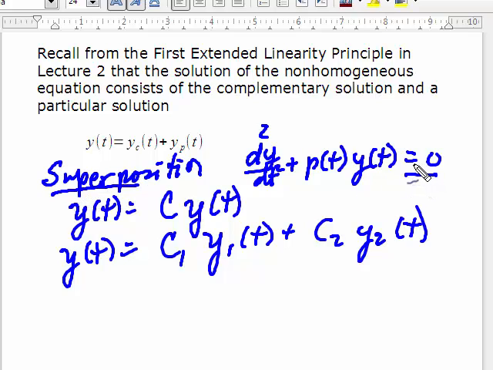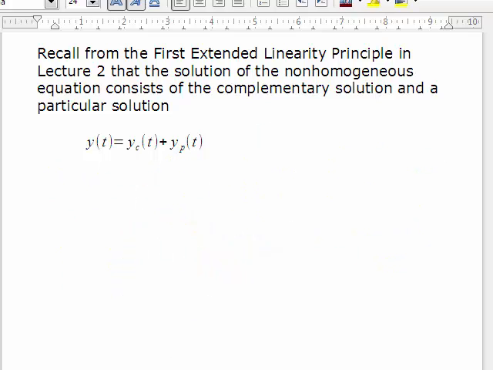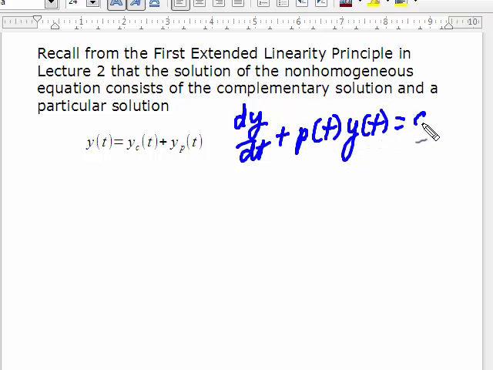If it's not a homogeneous equation, we had two other principles of linearity called the extended linearity principles. The first extended linearity principle, again this is for the non-homogeneous equation, writing it like this: q of t for the forcing function, q of t not 0.